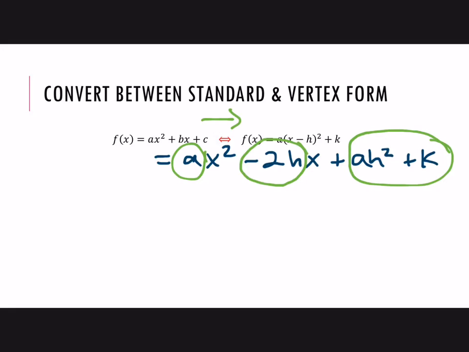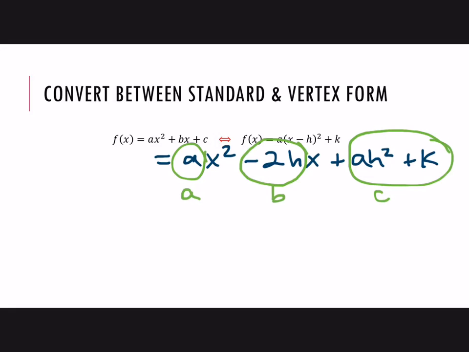So in the other one, going the other direction, you might have picked up on the fact that you could use order of operations and do that multiplying to get this into standard form. But to go backwards, that's a little bit harder. So what we're going to do is set up some equations, and basically I just want to put an equal sign between a, b, and c, and these new things that equal a, b, and c.